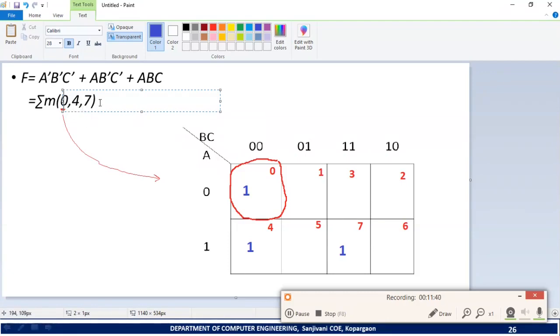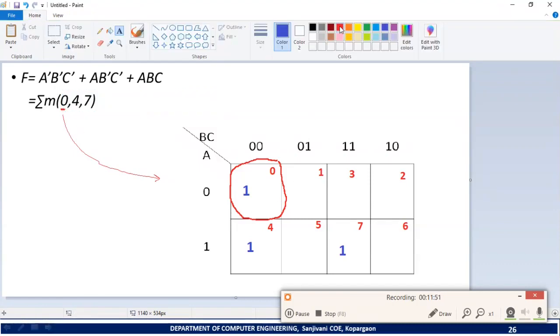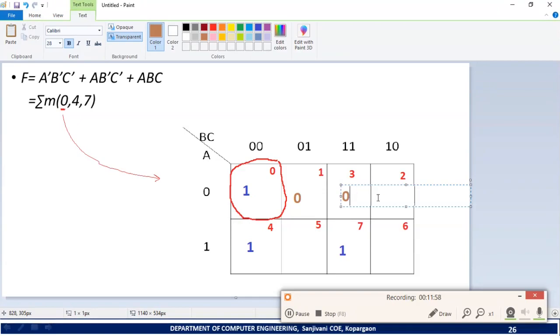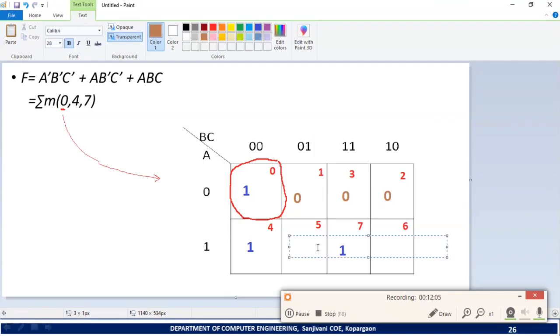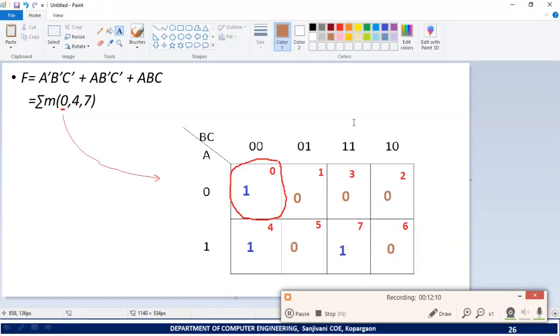Out of those 8 combinations, only 3 correspond to minterms. So the remaining combinations will correspond to maxterms, and what is the output of a maxterm? 0. So here I should write 0, then here also 0, because these particular cells correspond to maxterms. Here also I will write 0, and here also 0. So in this way we can represent the given function, which is in standard SOP form, on a K-map.